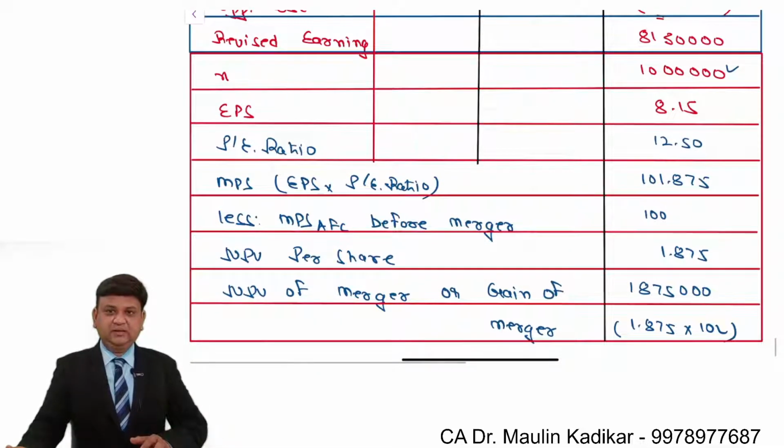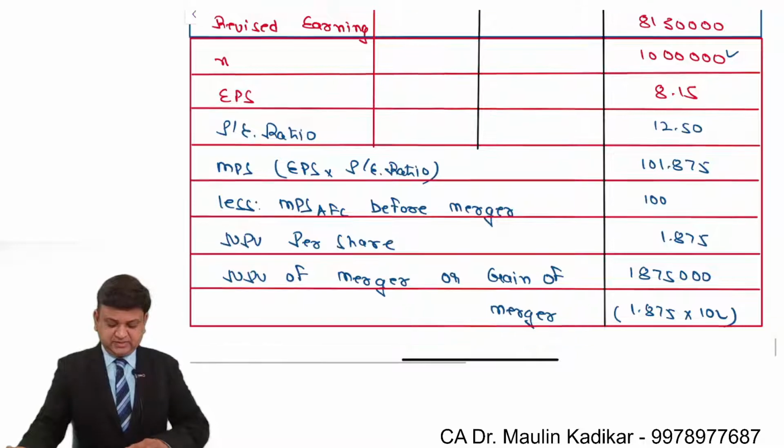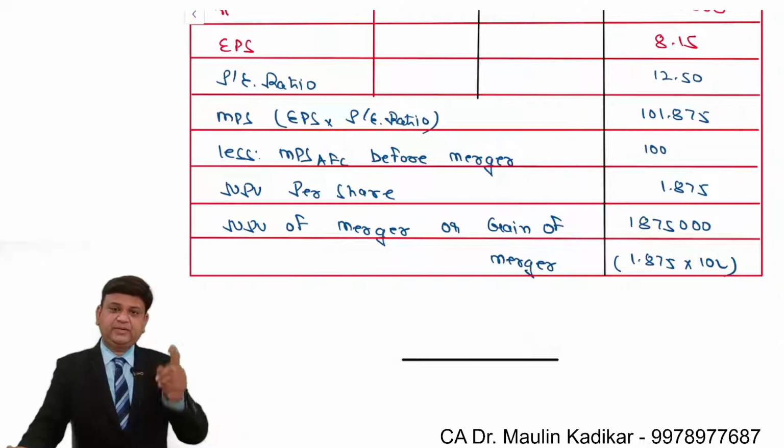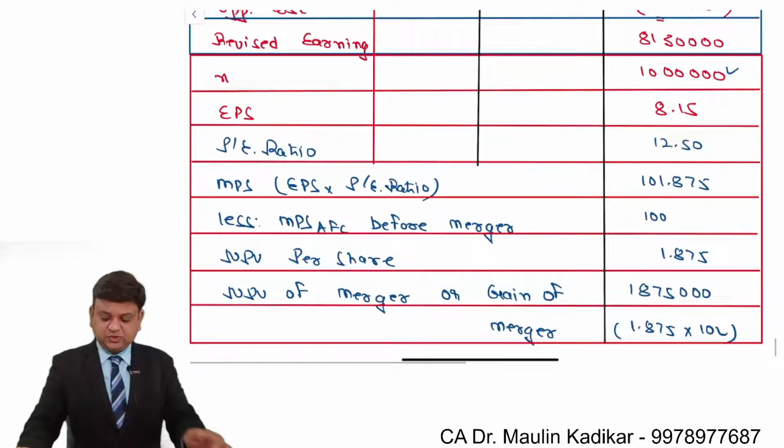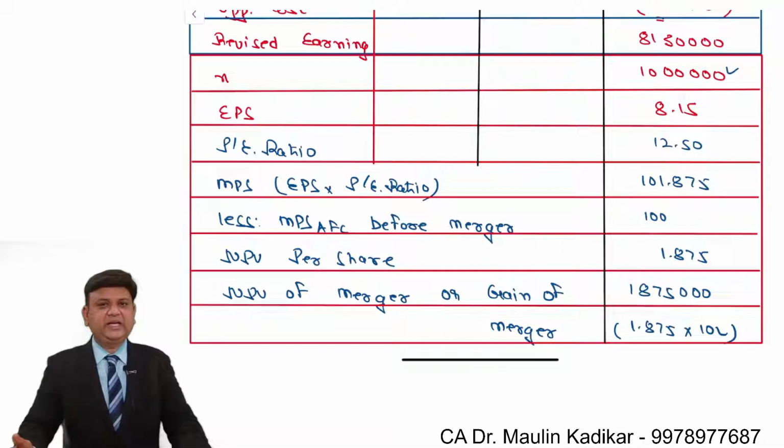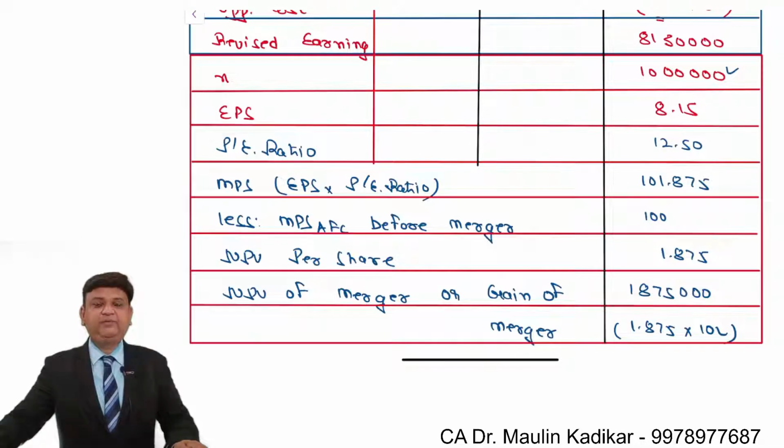So the revised earning after considering the opportunity cost, divided by the number of equity shares, will give EPS, multiplied with the price earning ratio, which is going to remain the same, and we can see that there is an increase in the price per share by 1.875, into the number of shares of the acquiring company, which will give NPV to the acquiring company.